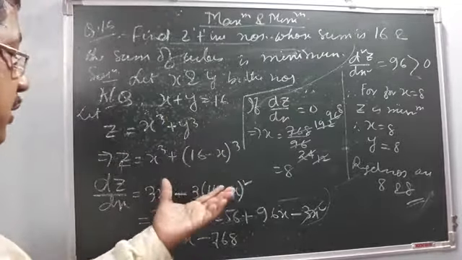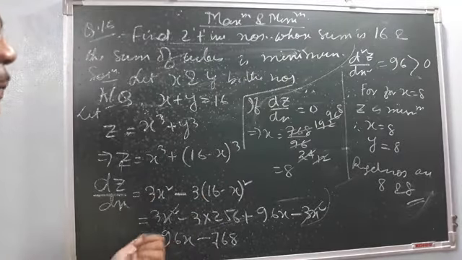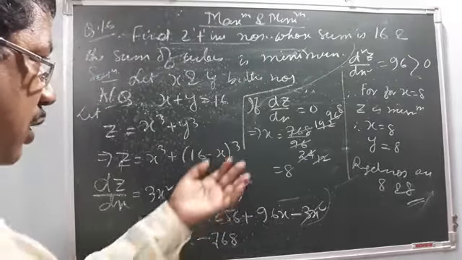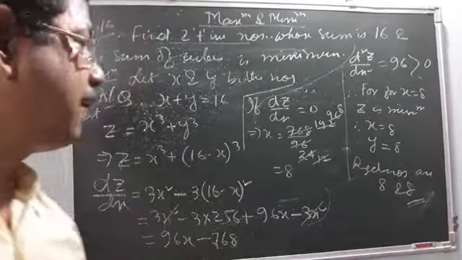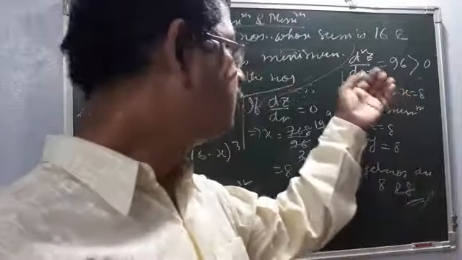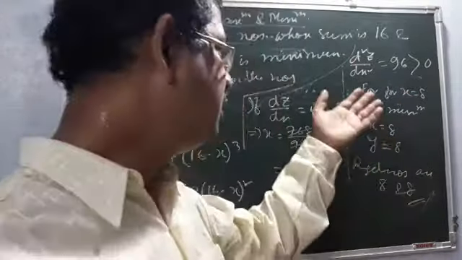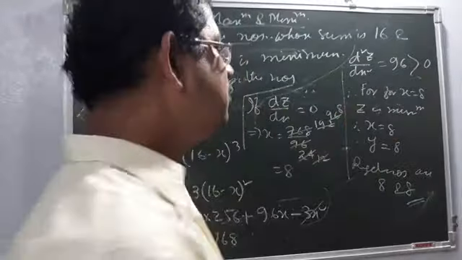Then take the first derivative, yes that also we have taken. After the first derivative, I have done a little simplification. Then we set the first derivative to 0. This gives x equal to 8. If we do the second derivative, it is positive 96. So that means positive, and by the second derivative rule it is minimum. So for x equal to 8, it is minimum.